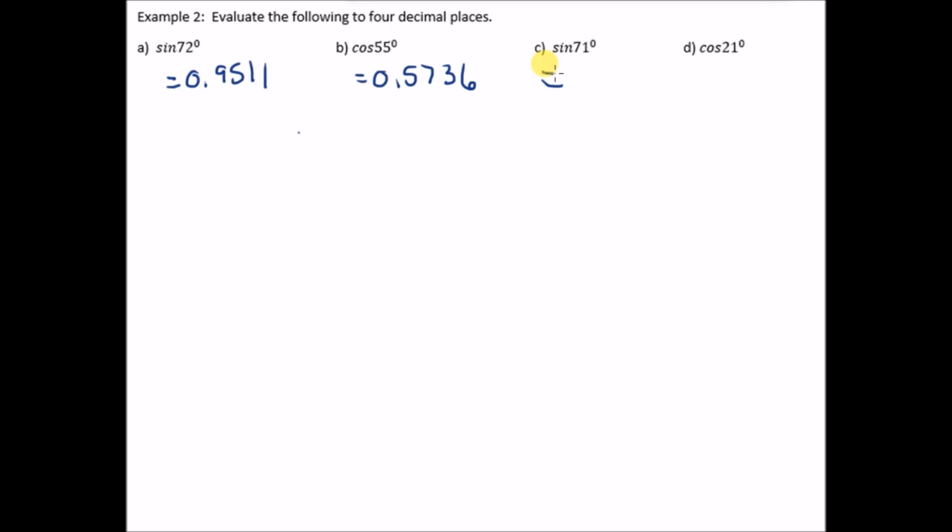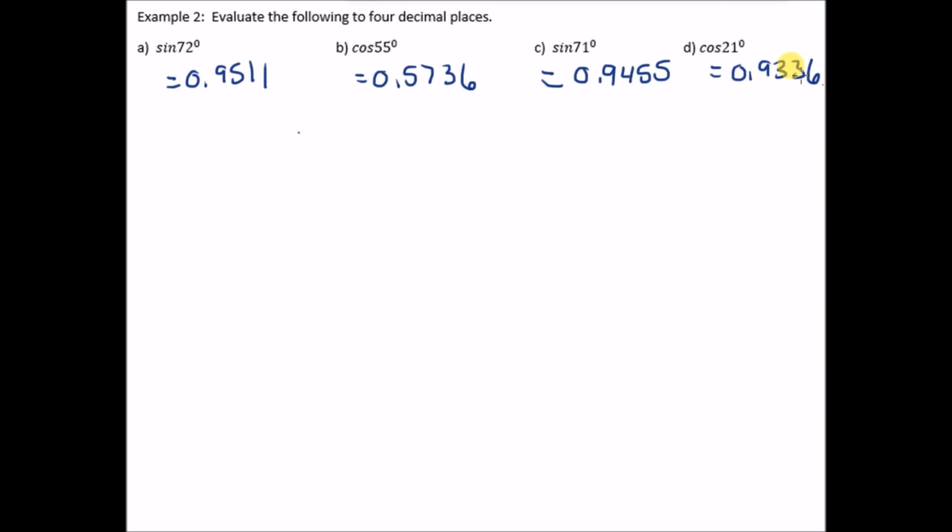So now, part C, the sine ratio of the angle 71 is 0.9455, and then cos 21, 0.9336. Try those in your calculator. Make sure that you're getting the right answers.